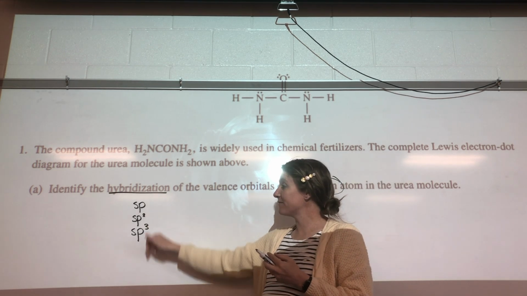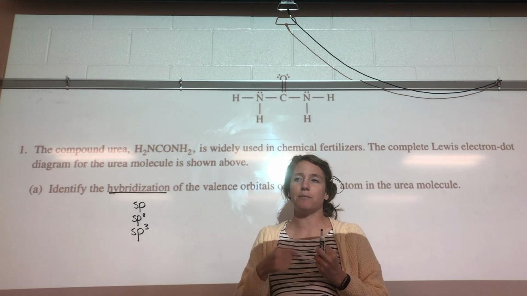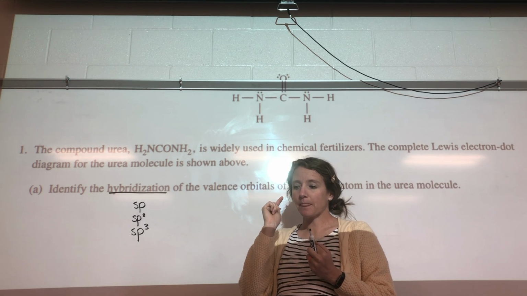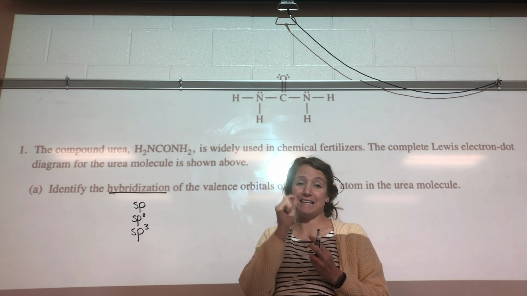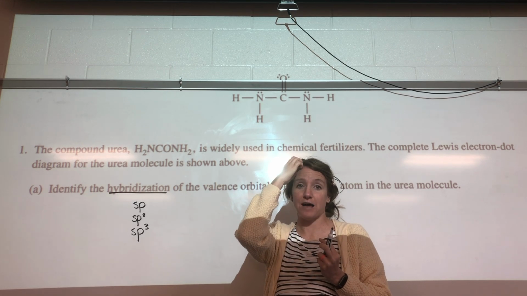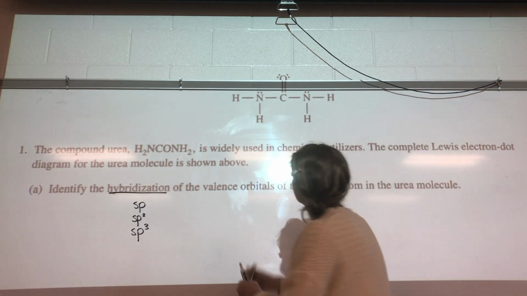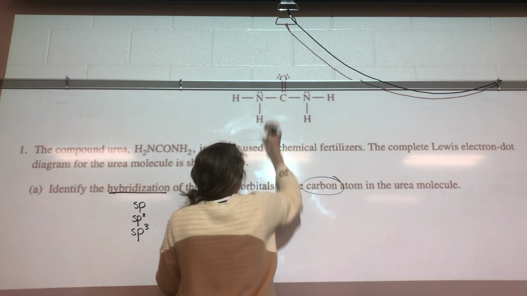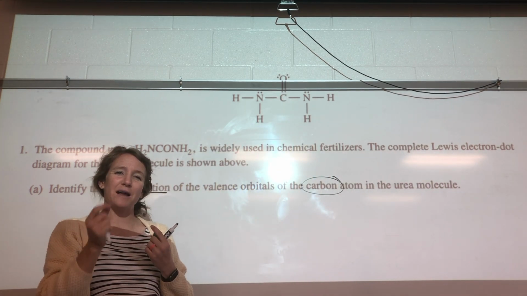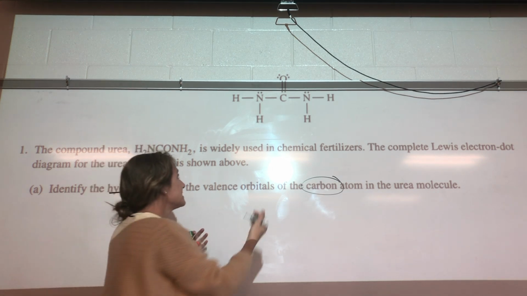Now, the way to identify the type of hybridization is by looking at how many things are bonded to that central atom you're focused on. In our case for carbon, or rather, how many domains it has.